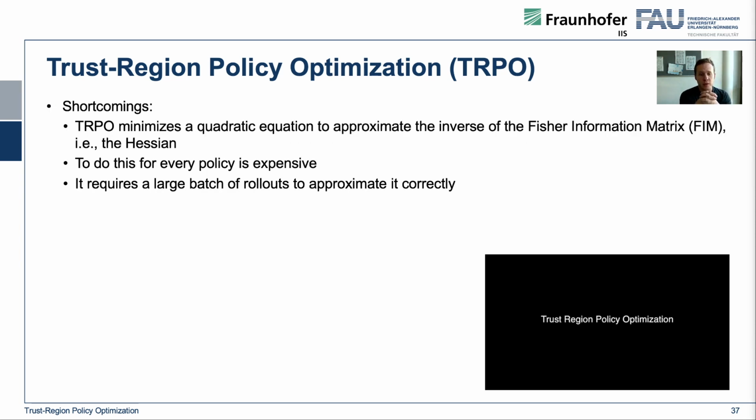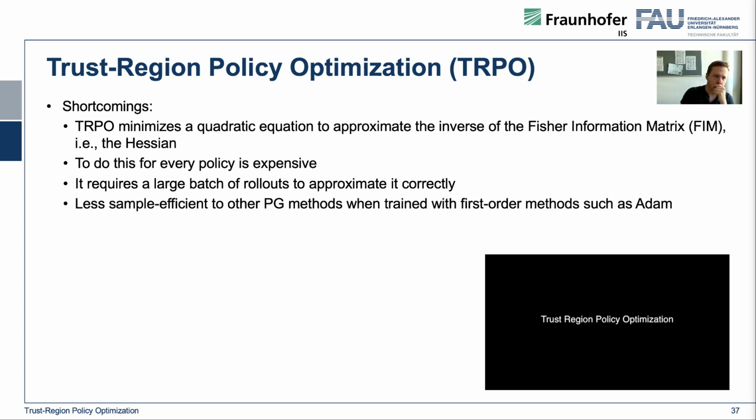There are also some shortcomings of TRPO in practice. TRPO still minimizes the quadratic equation to approximate the inverse of the Fisher information matrix, and doing this for every policy can be very expensive in practice. Usually it requires a large batch of rollouts to approximate the Hessian correctly around our current point.